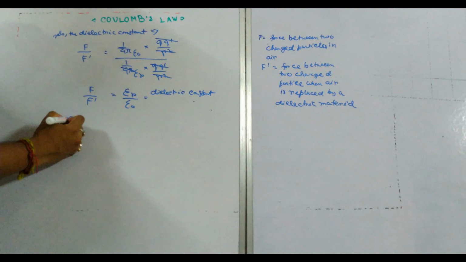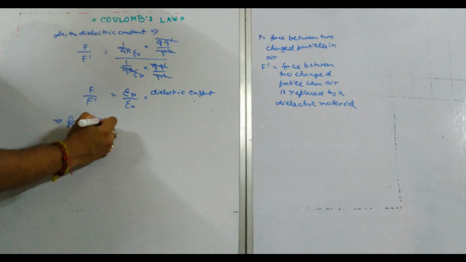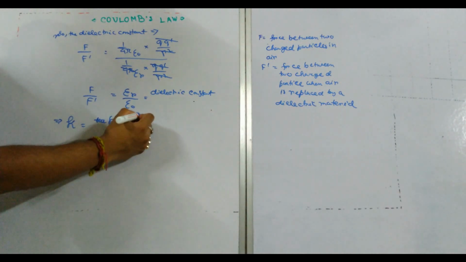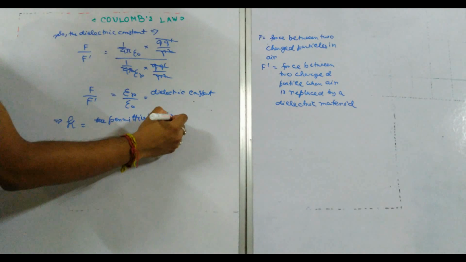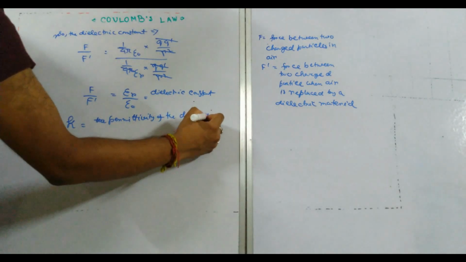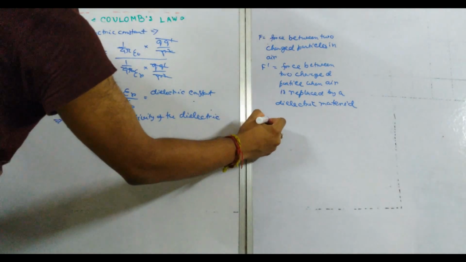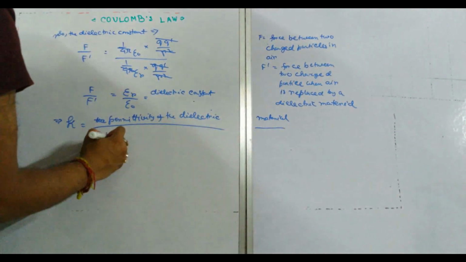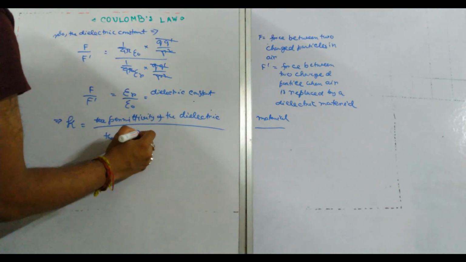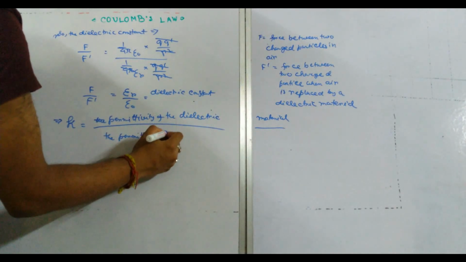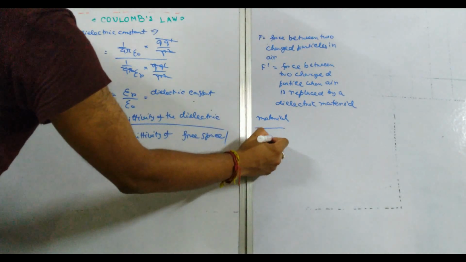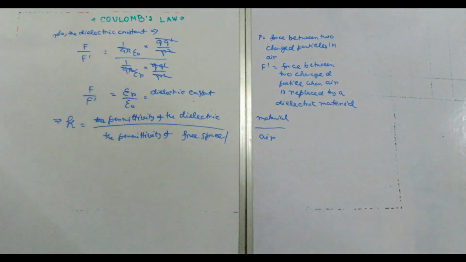So the dielectric constant K is given as the permittivity of the dielectric material by the permittivity of free space, or that can be defined as air. Clear? And we will implement such values in the next lectures.